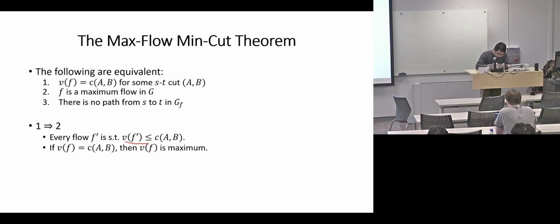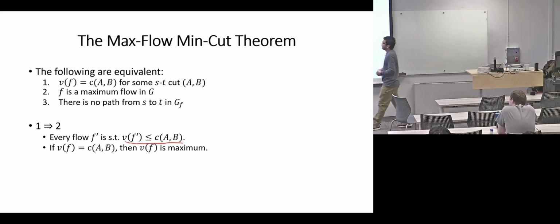You know before that, for every flow, the value of a cut upper bounds the flow. So if your flow meets the upper bound, it must be maximum, because you cannot go further anyway. So f must be maximum.